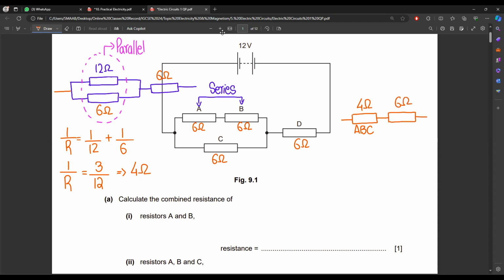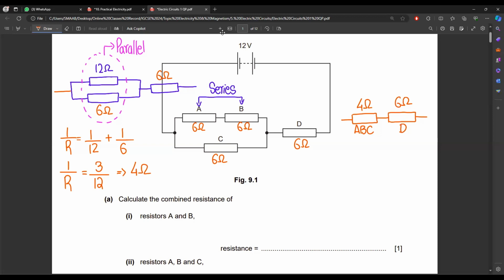And finally, we have to join with resistor D. 10 ohms.